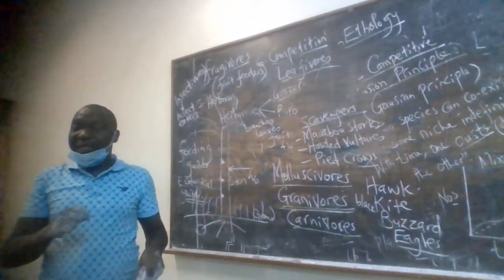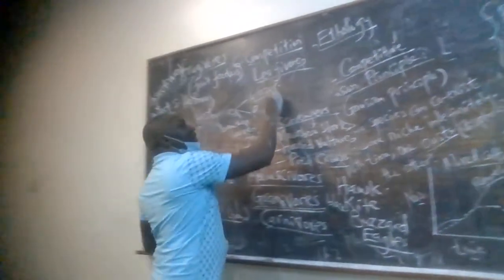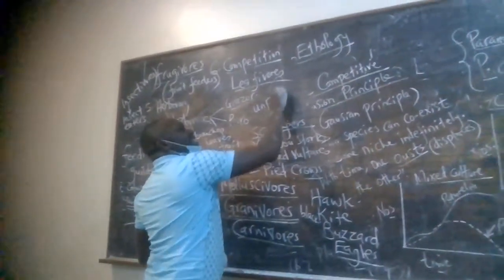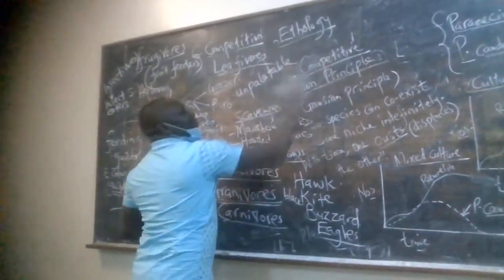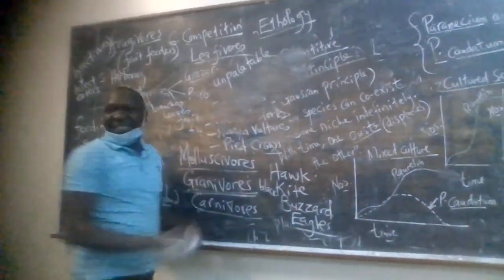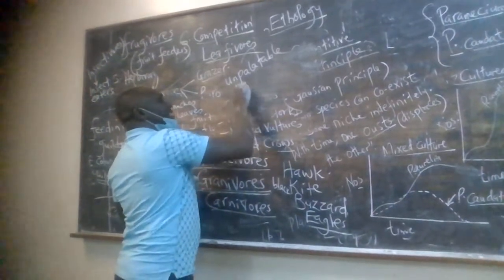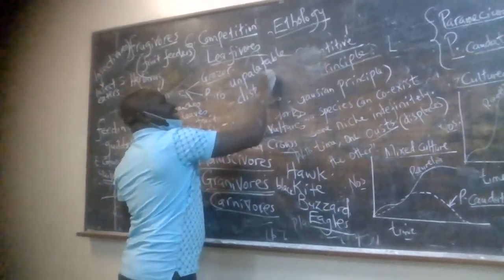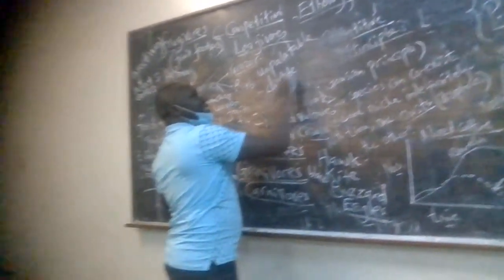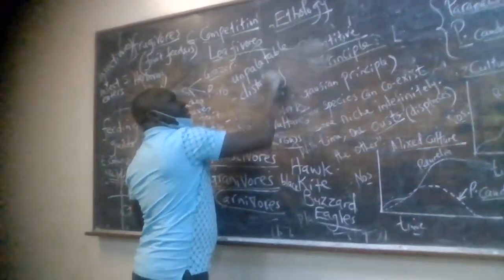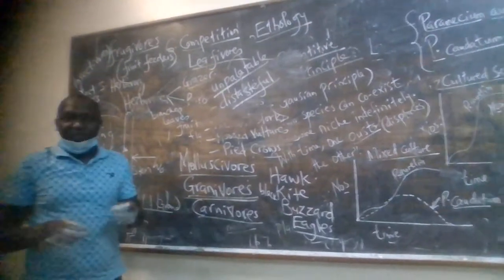Are we there? That is called unpalatable. If we don't use the word unpalatable for such a poisonous butterfly, we can call it distasteful. Distasteful. Unpalatable.